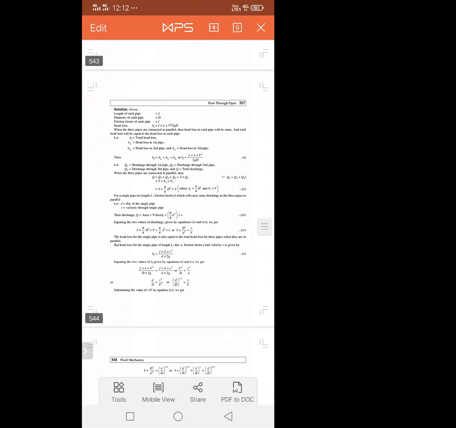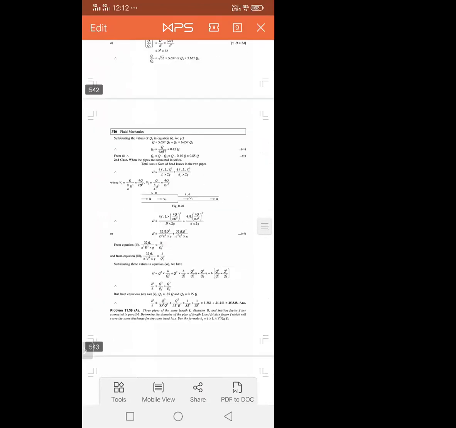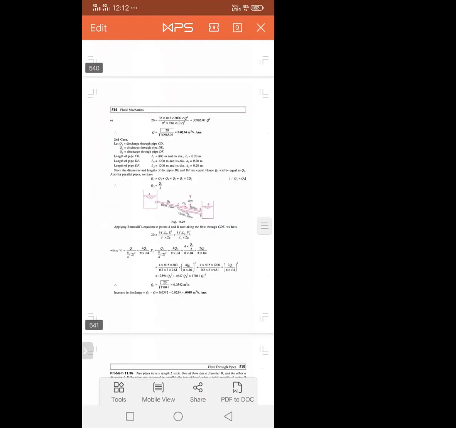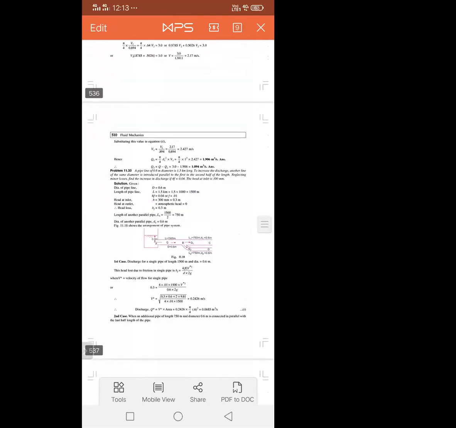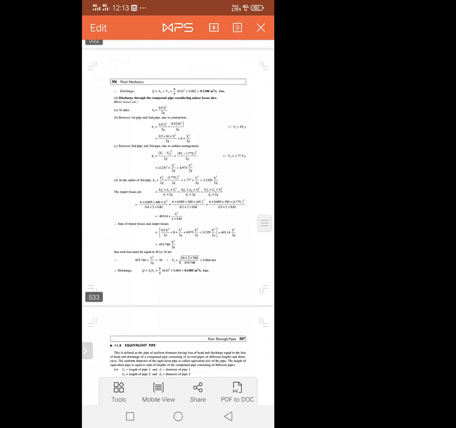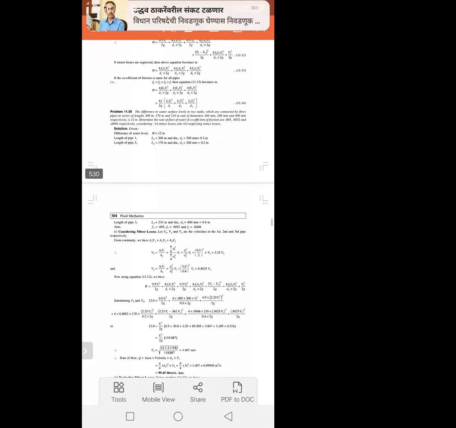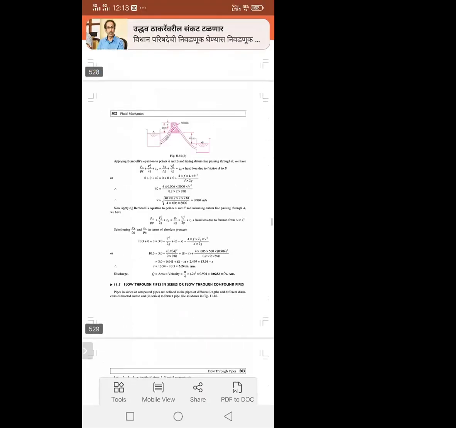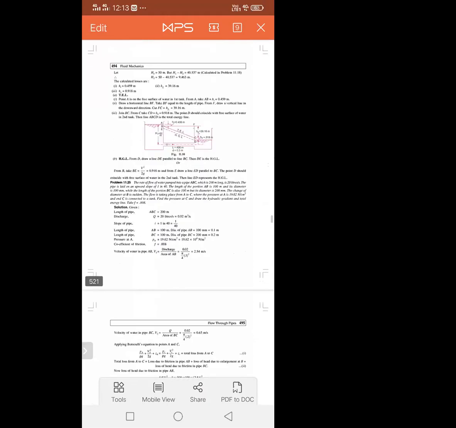In university exam, you may be asked to calculate total head loss through a compound pipe. Then we have to calculate that total head loss is major loss plus minor loss. The major loss you have to calculate from Darcy-Weisbach equation or Chezy's constant formula.